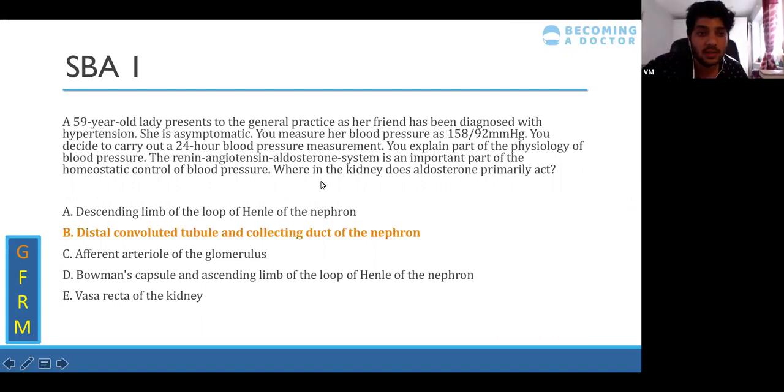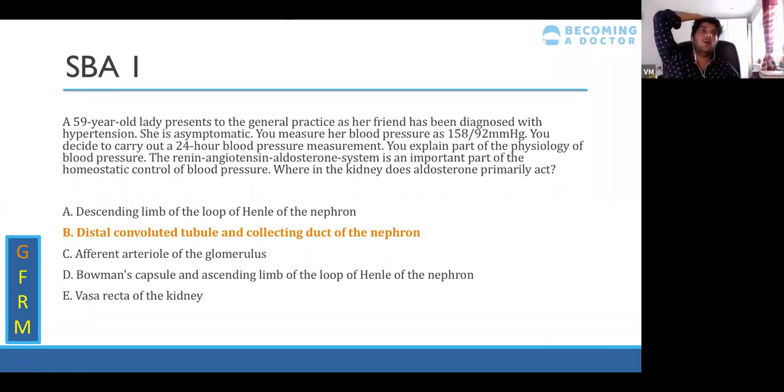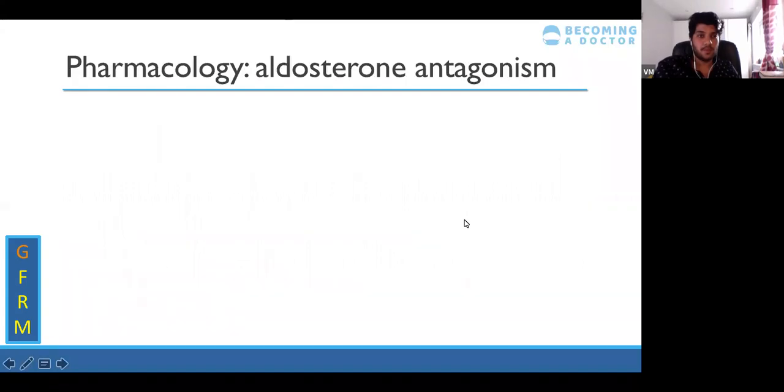It's the distal convoluted tubule, so it's the distal part of the kidney that aldosterone works on, and this is the part of the kidney where those channels are for the reabsorption of sodium and water.